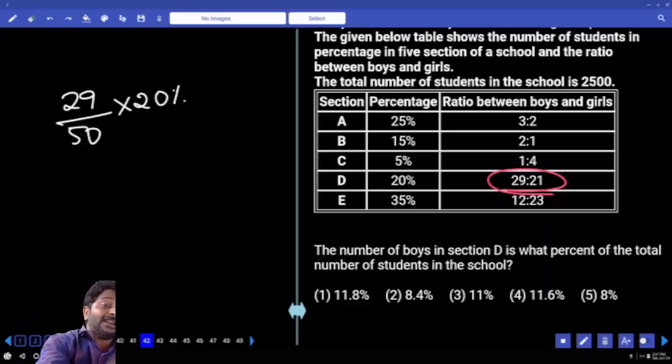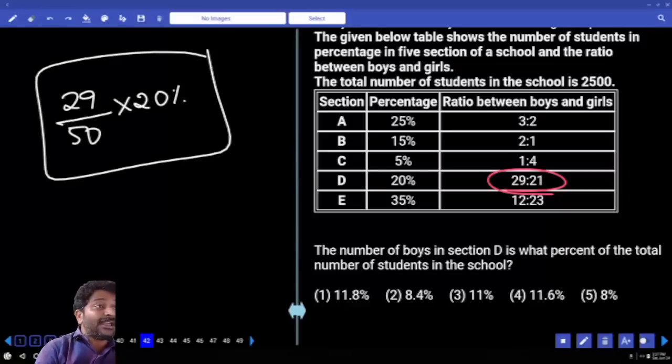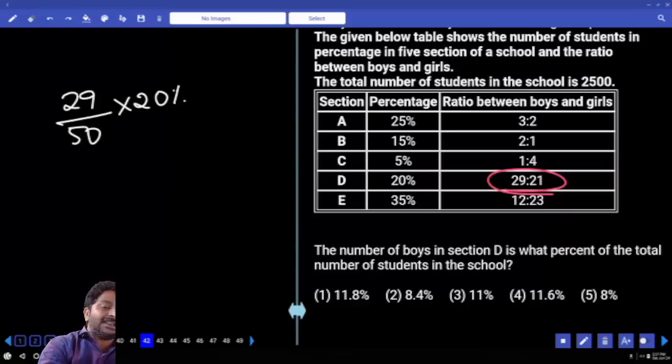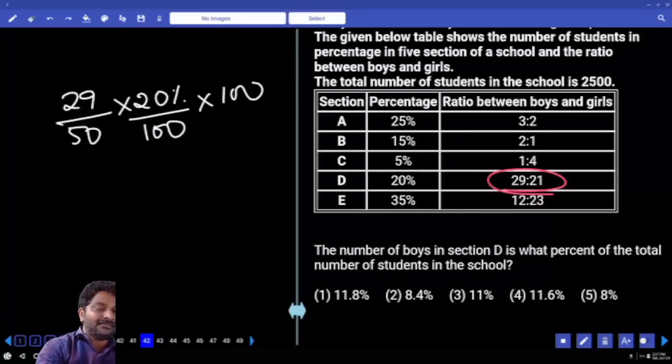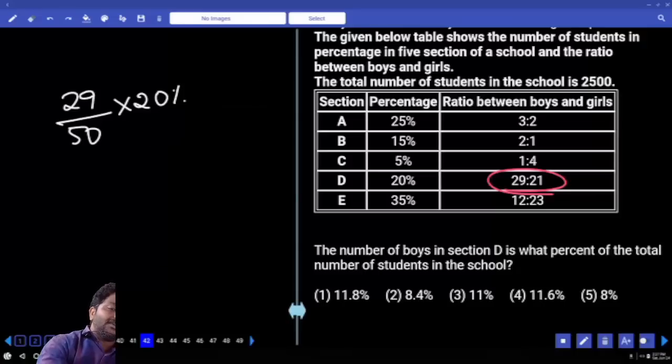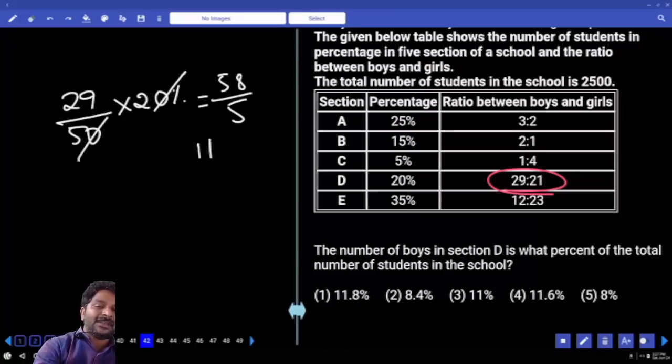Then if you calculate this, that itself will give you the direct answer. Otherwise you'll have to write divided by 100 into 100. Why is this required? Not required, right? Understood? So the percentage zeros get cancelled. Numerator 58 by 5. The same can be written as 11.6%. Got it?